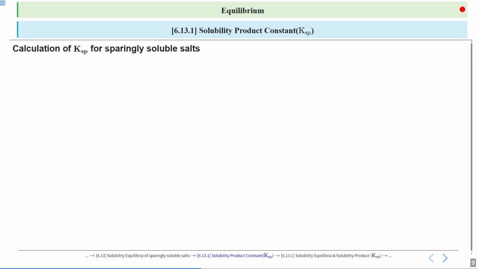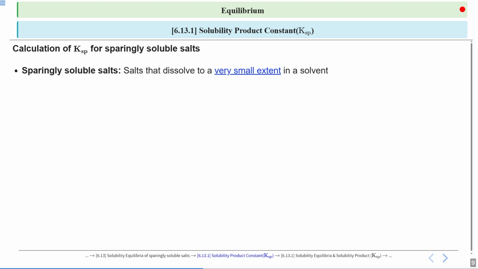So I said that we will talk about the solubility product constant in terms of sparingly soluble salt, and here is your quantification. First of all, we know that sparingly soluble salts dissolve to a very small extent in a given solvent. As a result, the concentration of the dissolved ions is small, because if a salt is dissolving, it is for sure that it will break down into ions, right?